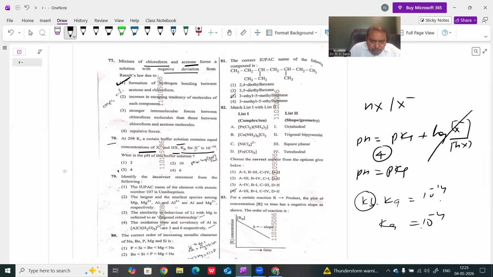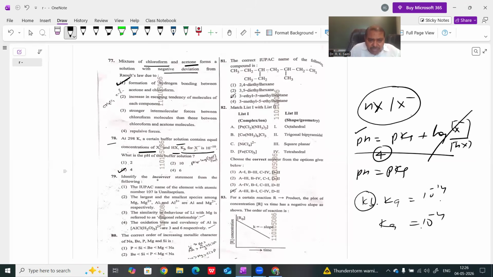Answer 4. An important question, simple but a learning question. You should know the relation between the constants of a conjugate acid-base pair, and the pH formula of an acidic buffer solution.